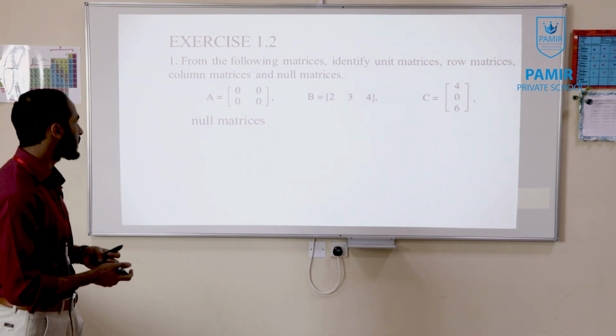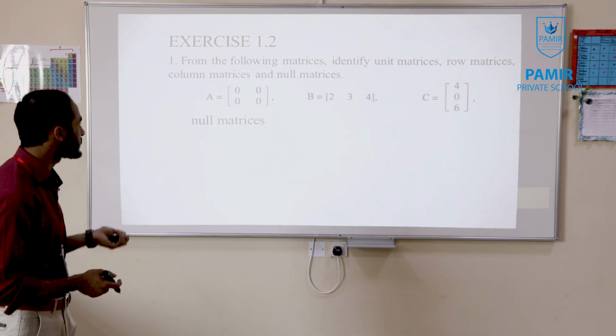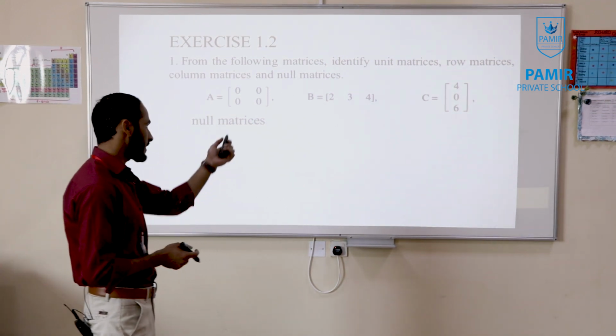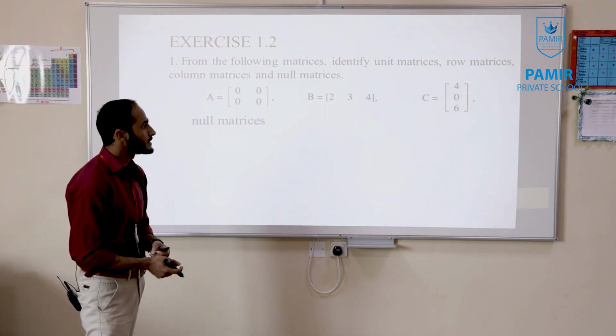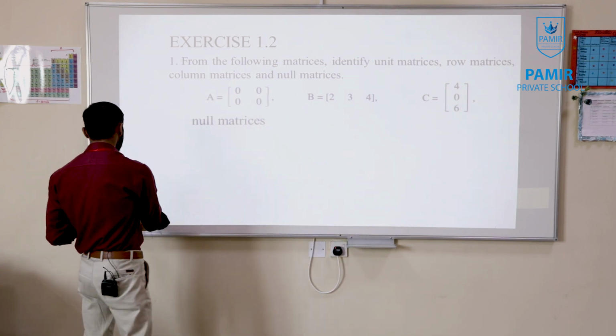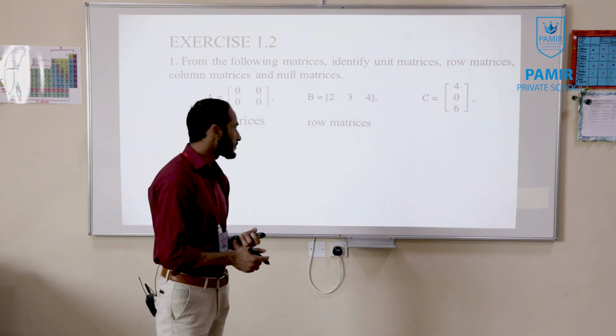As the first one, the entries of the matrix are all 0, so we call it a null matrix. Then for matrix B, the entries are present only in the form of a row, so we call it a row matrix.